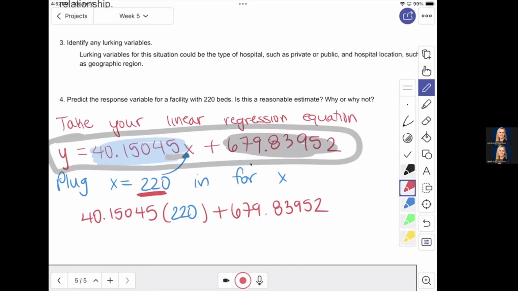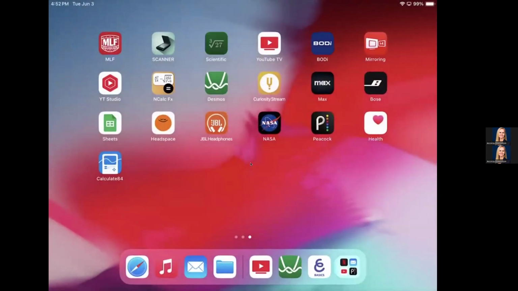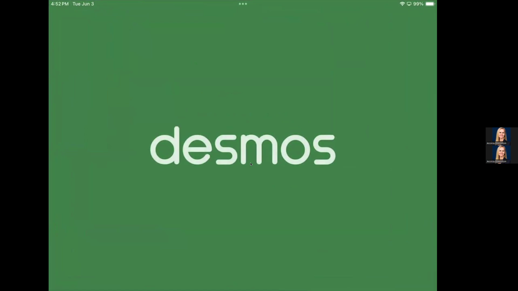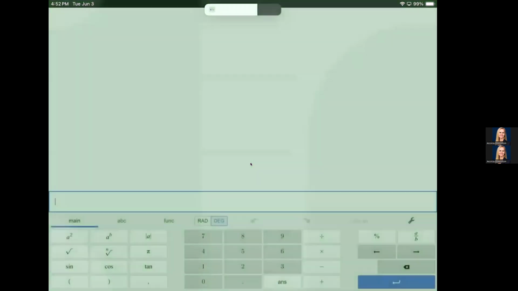All right, so now I'm going to use my calculator to calculate this for us. And what I'll do is go to my Desmos scientific calculator, which I love, and I'm going to type in this expression.